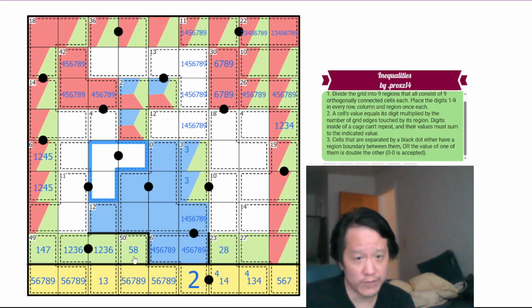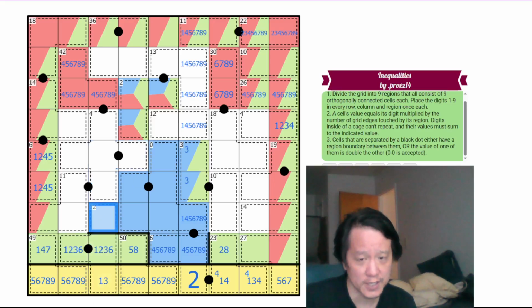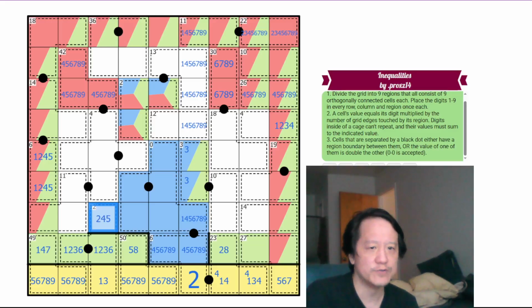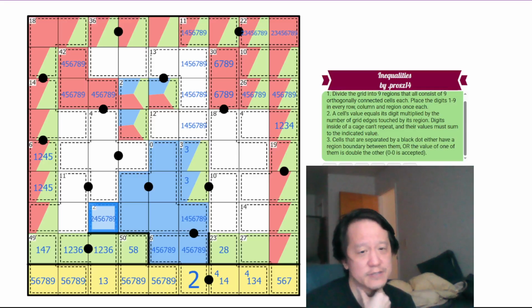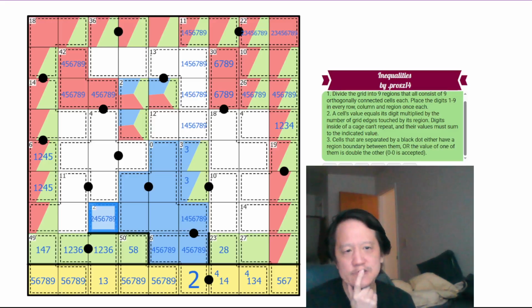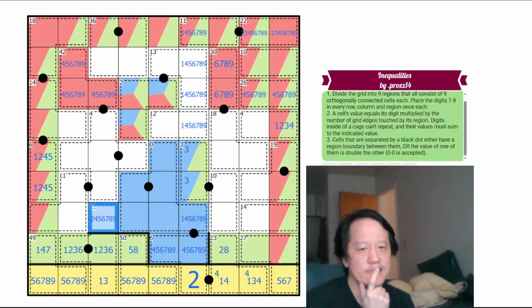What else do we have? We have a guaranteed 1 or 3 here, so this cannot be 1 or 3. We have 2, 4, 5, 6, 7, 8, 9 as possibilities. Hmm. That's the problem.